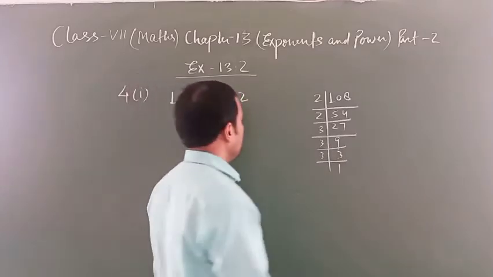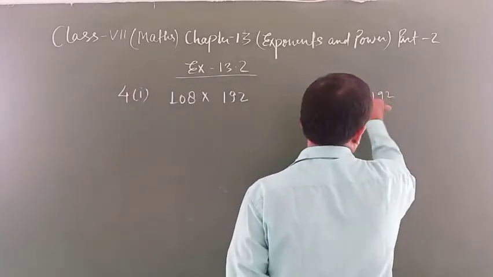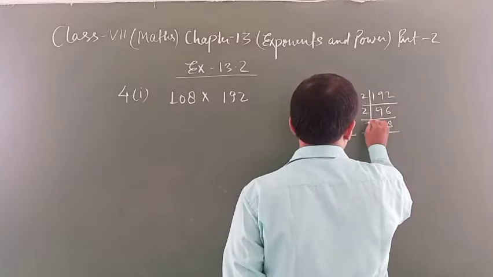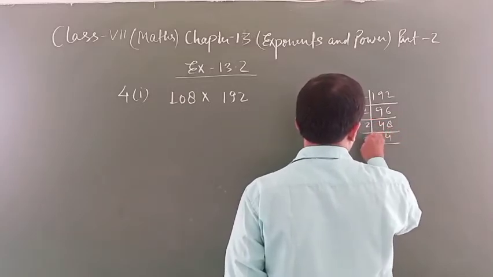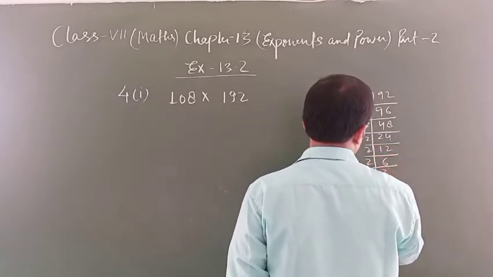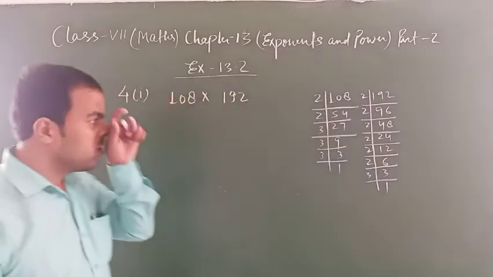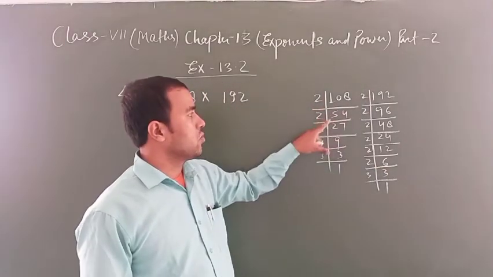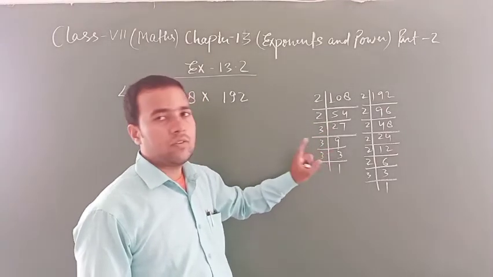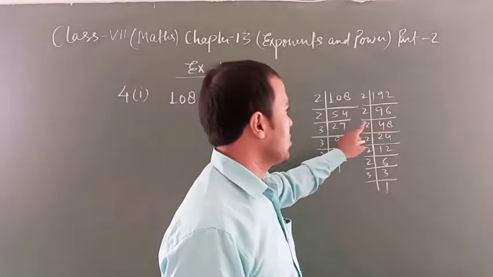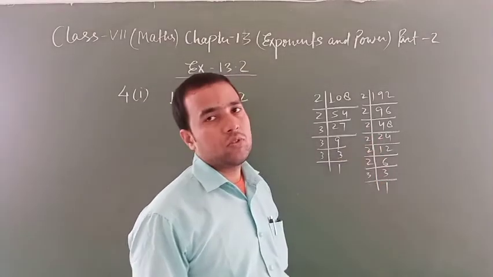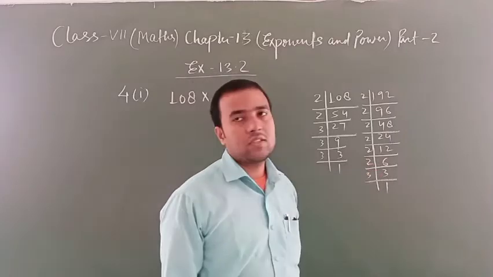Clear? 192. 2 9 3 2 6 2 4 2 2 2 1 2 2 2 6 2 3 6 3. Clear?